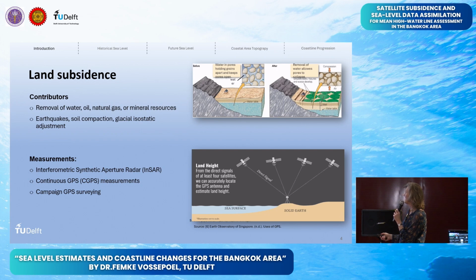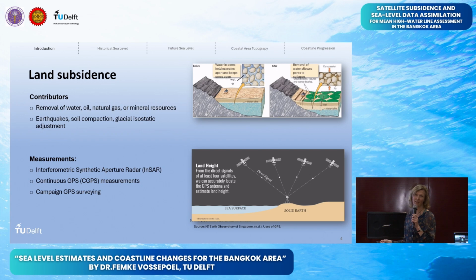Then subsidence, or subsidence, depending on your accent, is typically caused by the removal of a fluid, a change of pore pressure, and that can be oil or gas, as we have in the Netherlands, in Groningen, but in the case of Bangkok, it's typically water, and sometimes we also see mineral resources being produced, and that also can cause downward motion.